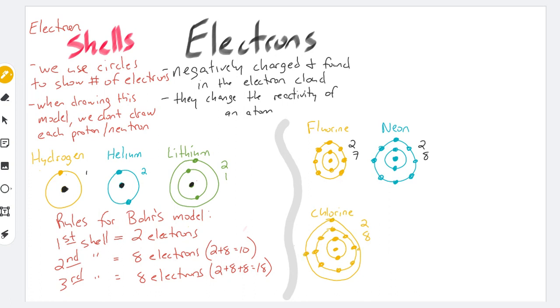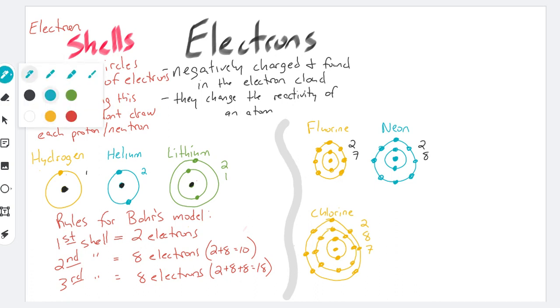And in fact, chlorine does have 7 on its outer shell. If we were to count those, it would be 1, 2, 3, 4, 5, 6, 7, 8, 9, 10, 11, 12, 13, 14, 15, 16, 17. We've got 17 electrons. Almost. If we had 1 more right there, then that outer one would be full, but it's not, so it's just 7. So 2 plus 8 plus 7 is 17.